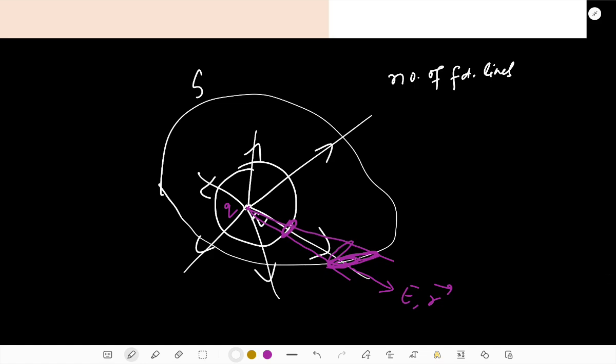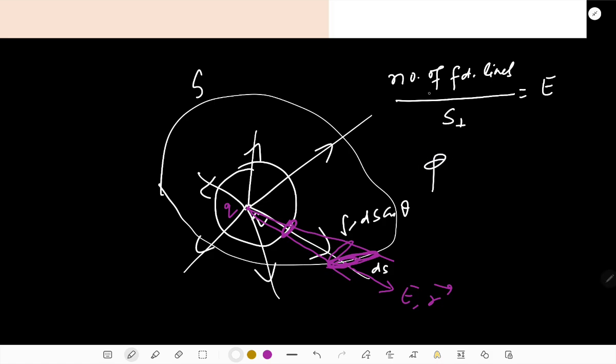The only thing is the surface area should be perpendicular to the electric field, and so the number of field lines per unit normal area to the electric field is termed as the magnitude of electric field. So if this area is ds, the perpendicular area here is ds cos theta.